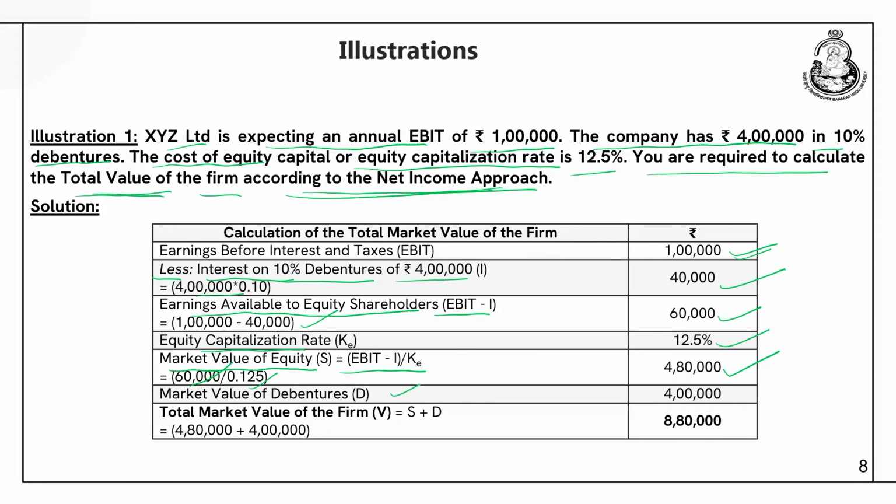The market value of debentures, that is the amount of debentures, is already given: the company has raised 4 lakh of debentures. Now, you can calculate the total market value of the firm by adding S and D. S is 4,80,000 and D is 4 lakh. You add both and get the total market value of the firm as 8,80,000. This was being asked in the question. I think it is clear.